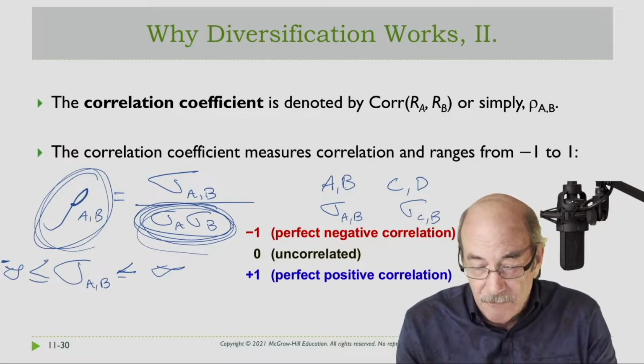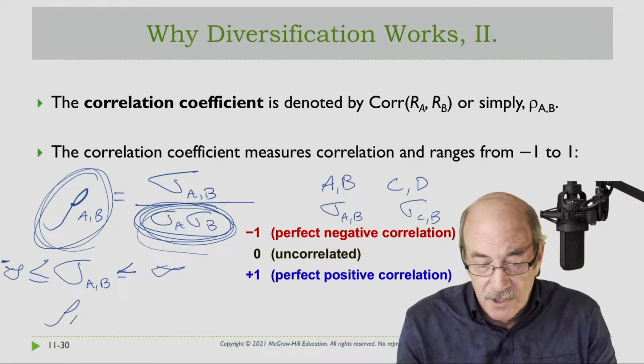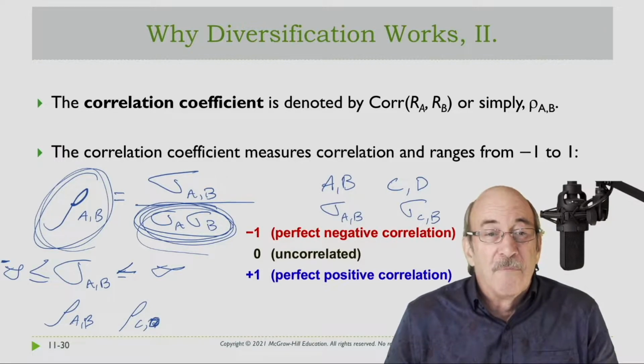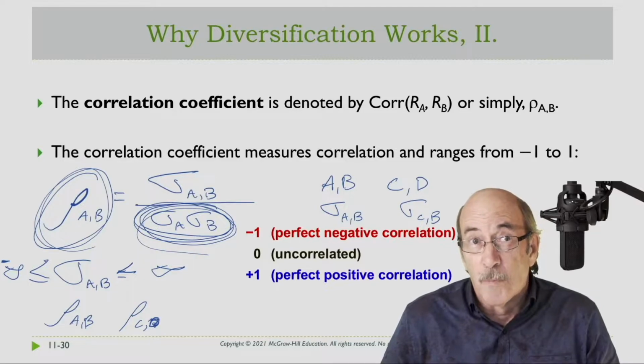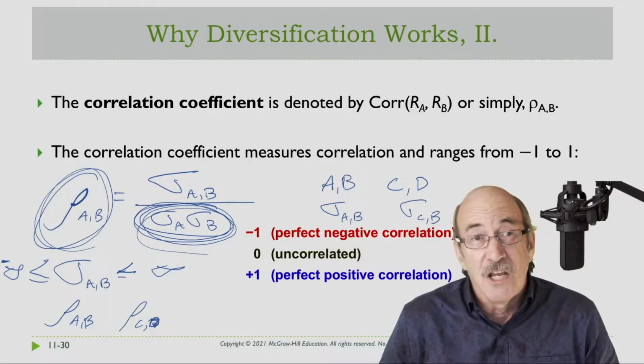And then if we know the correlation of A and B, and we know the correlation of C and D, oops, sorry, that should be a D, then we're okay. We can make some statements about A and B being more positively correlated than C and D, or vice versa.